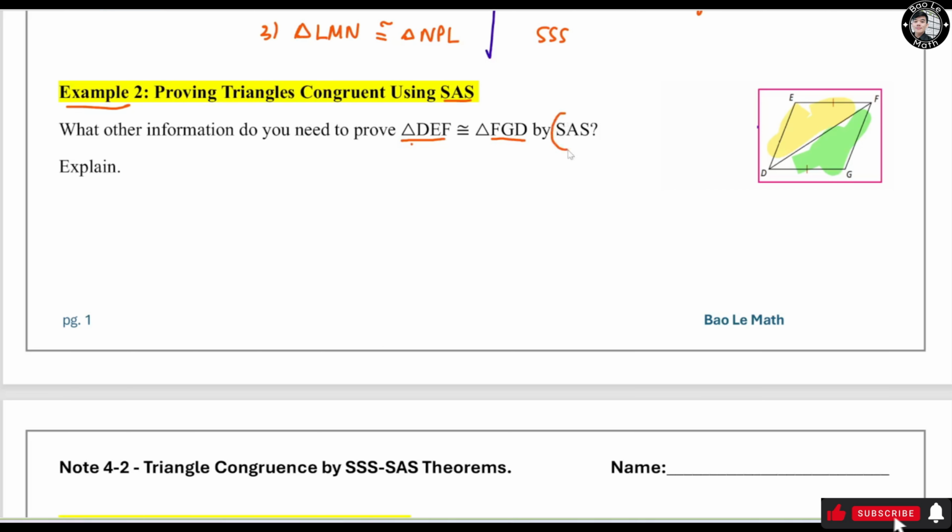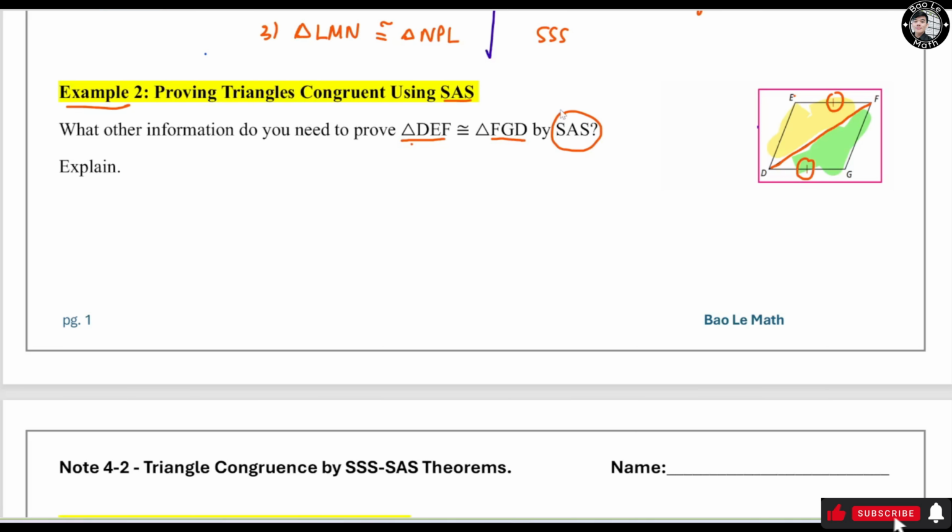We're going to use SAS, right? So, given EF right here congruent to GD, and DF congruent to DF by the reflexive property, right?